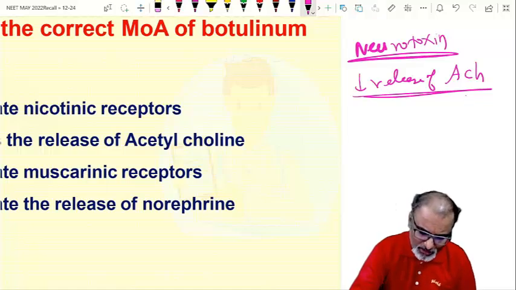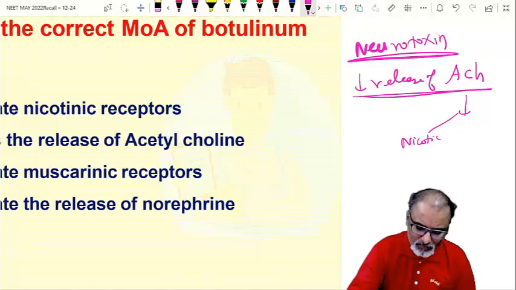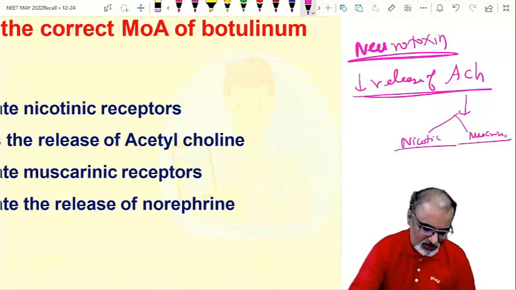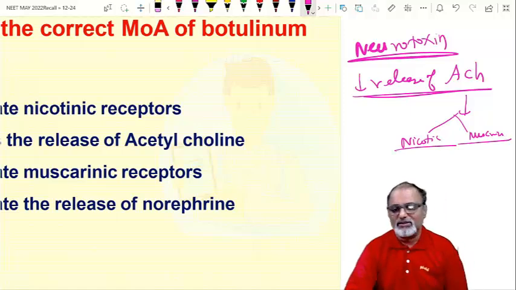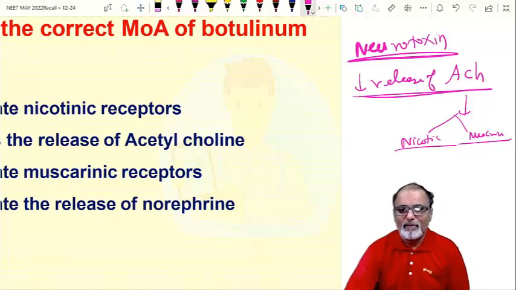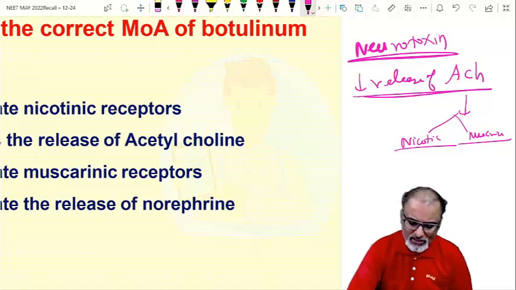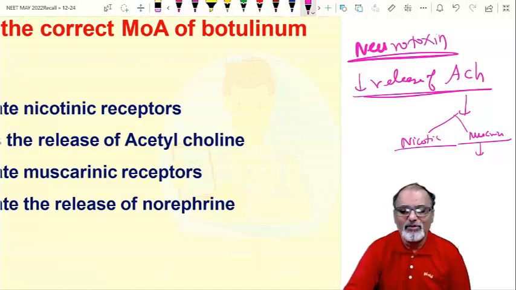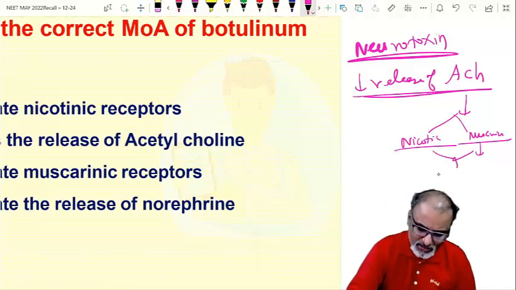After release, acetylcholine attaches to a nicotinic or muscarinic receptor. Usually the muscarinic receptor causes an excitatory effect. Nicotinic also is sometimes excitatory, sometimes inhibitory. Usually it causes an excitatory effect.